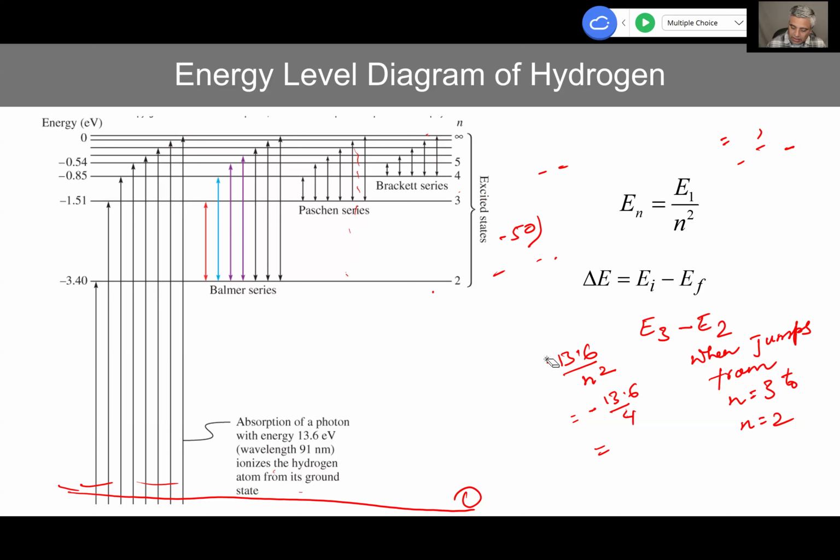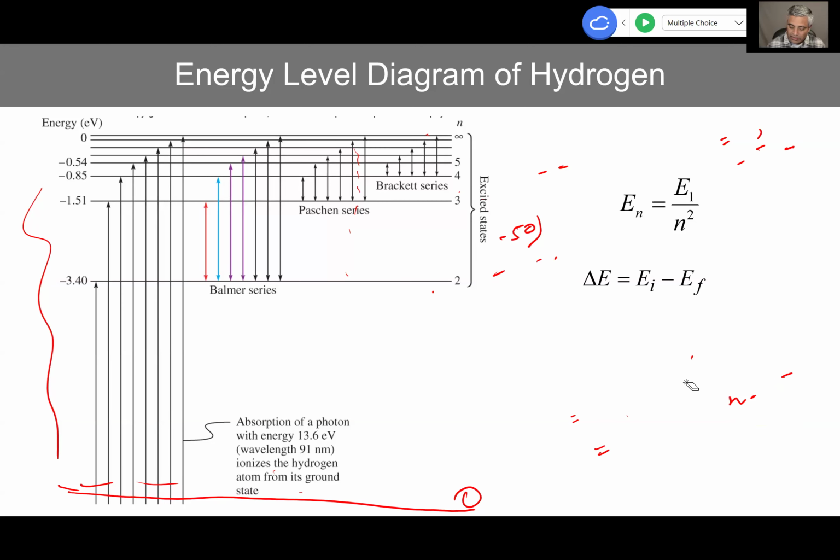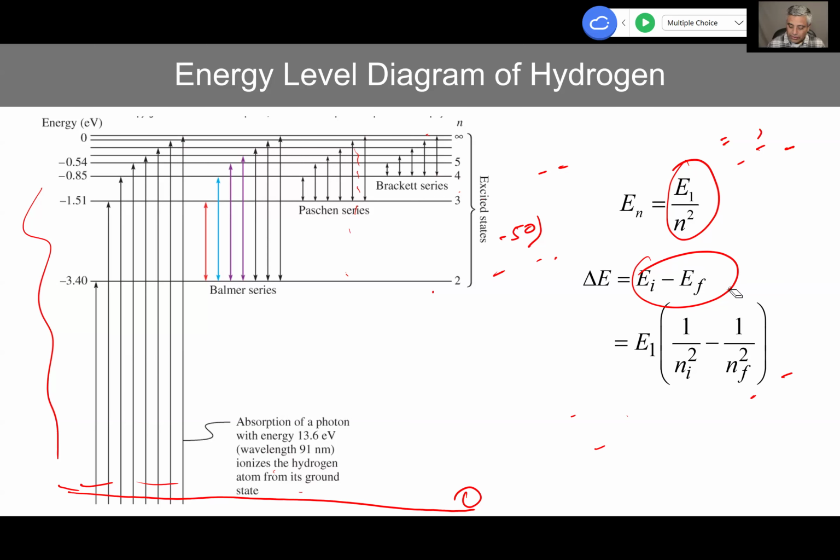If we don't know the numbers, for example, here we have numbers, but if numbers are not given, we can rewrite this equation using this, and this E1 being negative 13.6.